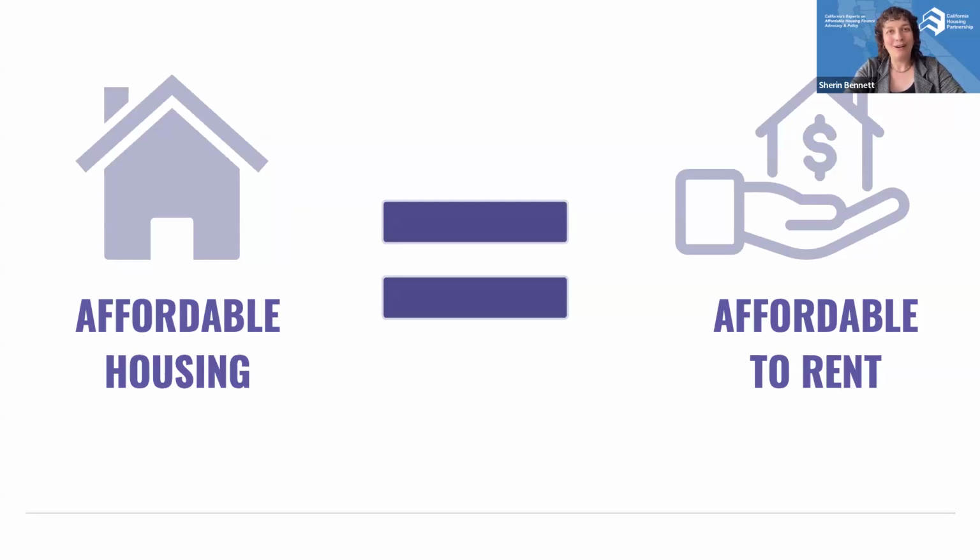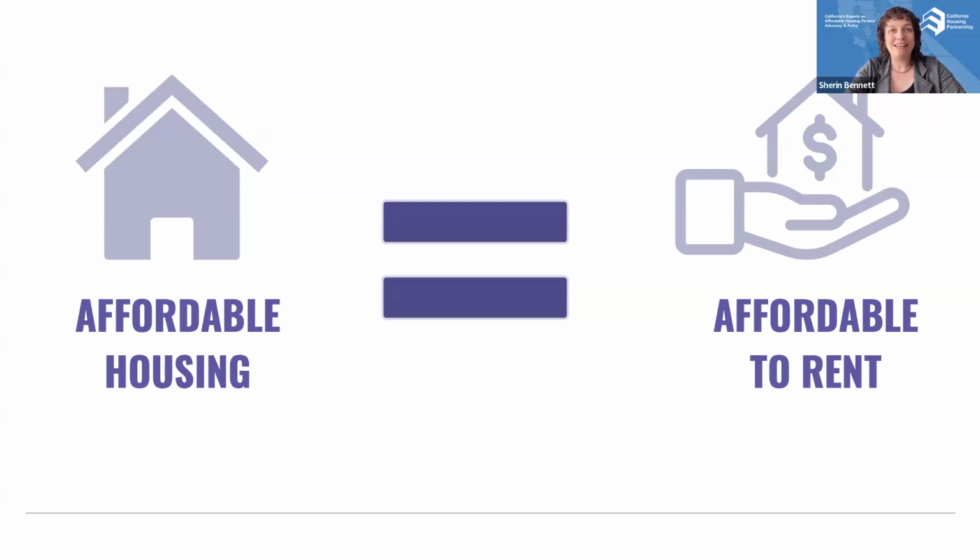But in case you weren't there, when we're talking about affordable housing, we mean housing that is affordable for people to rent. And it's typically targeted at a certain level of area median income, typically between 30% and 80% of the area median income.